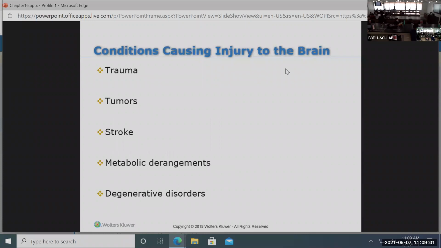Conditions causing injury to the brain: tumor, trauma, stroke, very important, metabolic derangements, or degenerative disorders. Okay. Stroke, please. Very important.